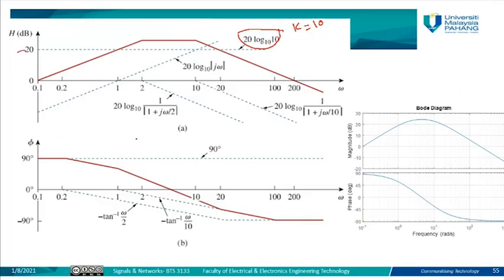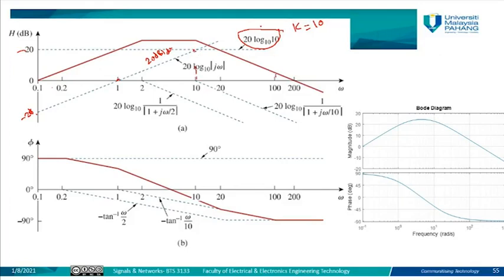The second element is 20 log j omega, which gives you 20 dB per decade. As usual, starting from negative 20 here, it reaches 0 at 1, then reaches 20 at 10, then it will reach 40 at 100.